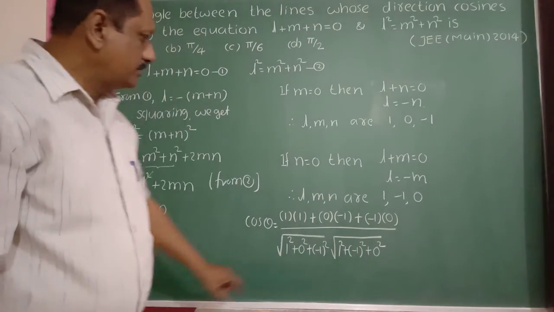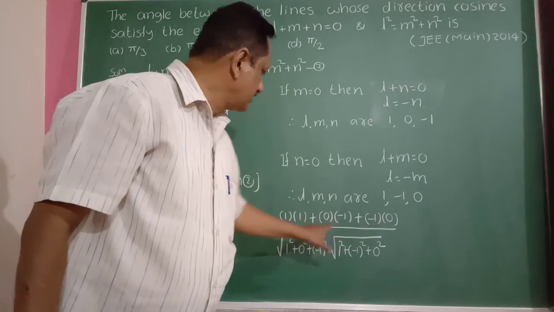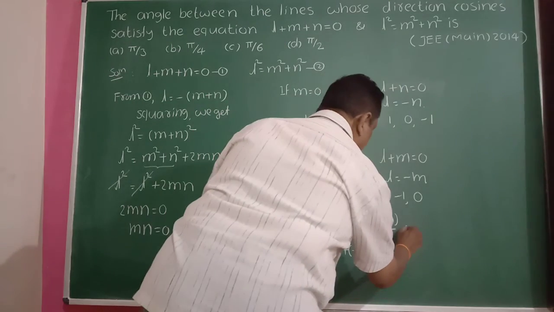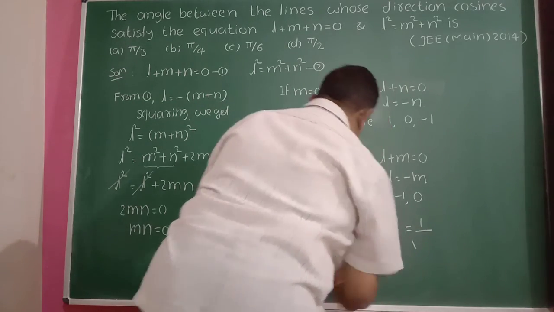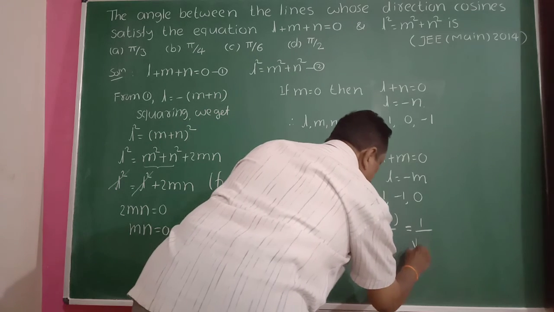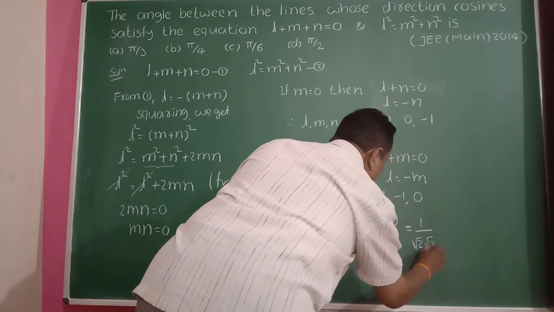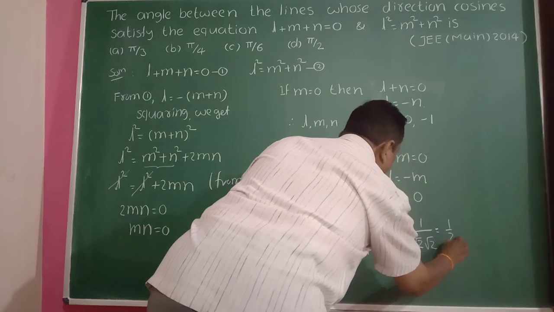So this is 0, this term is also 0, remaining here 1. So write here 1 divided by root 2 into root 2. So root 2 into root 2 is 2.